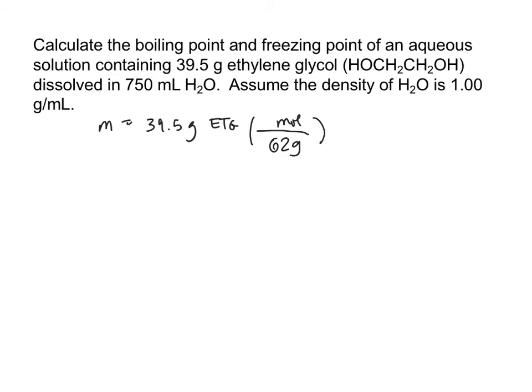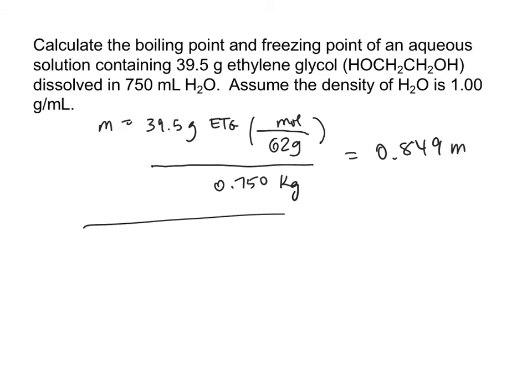And then you're going to divide that by, since the density of the solution is 1, 750 milliliters will be equal to 0.750 kilograms of water. So this is going to be equal to 0.849 molal.